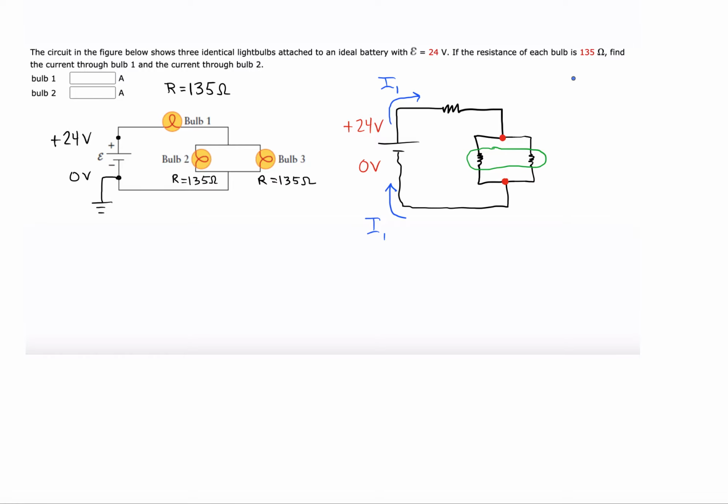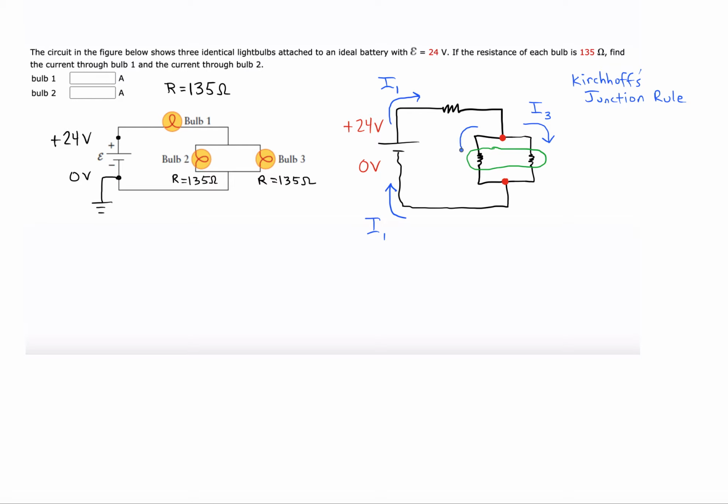So that brings up an issue called Kirchhoff's junction rule. What it says is that the current I1 will split into two parts, one which follows the right path through bulb 3, so we'll call that I3.